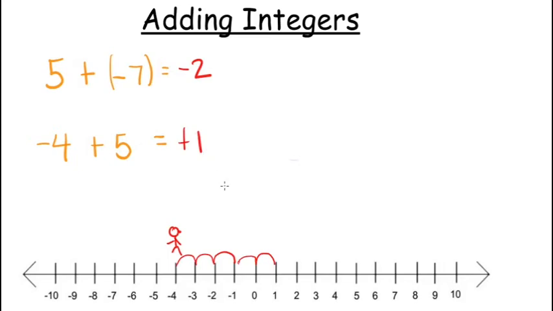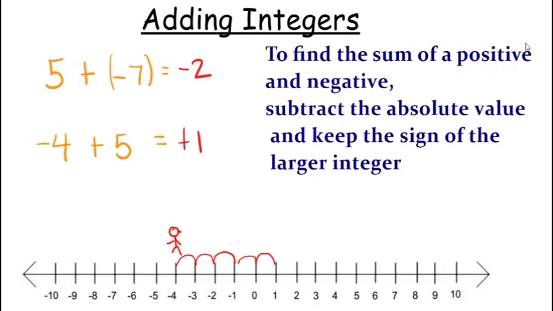Now this is the third case, and the rule states that to find the sum of a positive and a negative, subtract the absolute values and keep the sign of the larger integer. The absolute value is just a number without the sign.